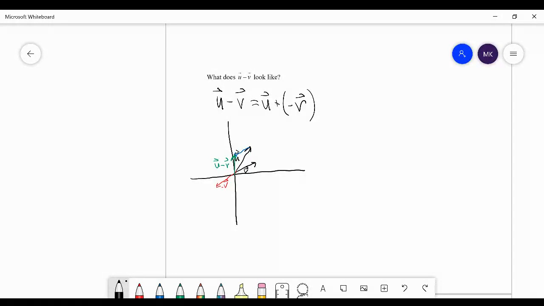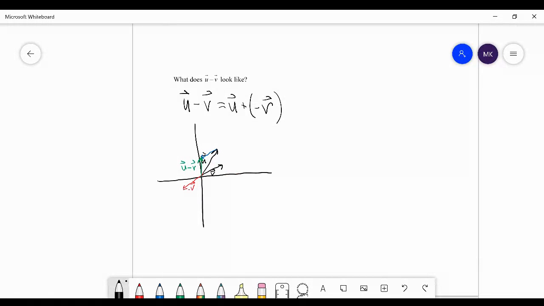The way we do that component-wise is very simply: the vector u minus the vector v is equal to u1 minus v1, u2 minus v2.